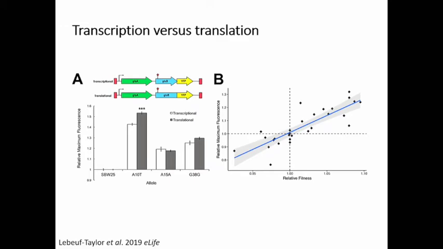If you put the reporter gene after the end of the gtsB gene, the gene of interest, then what you're detecting is transcriptional expression differences. If you put it before the end of that gene, then we get an idea of translational increases. Okay, so we did that.